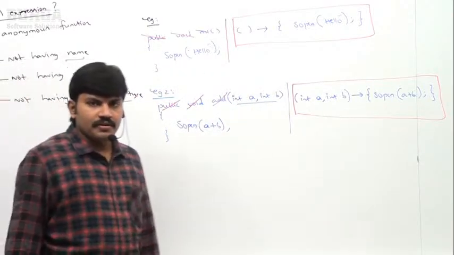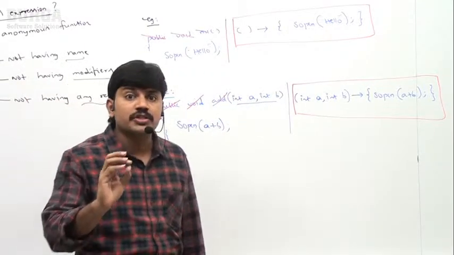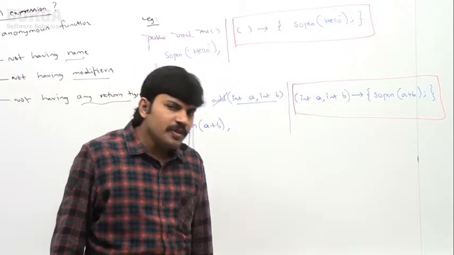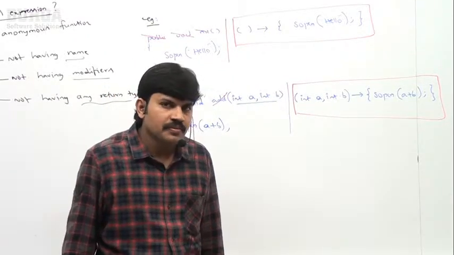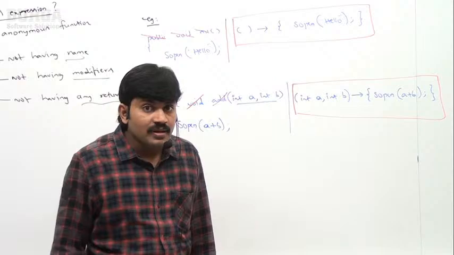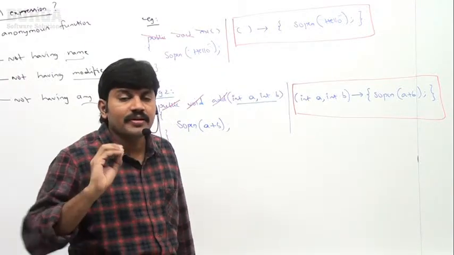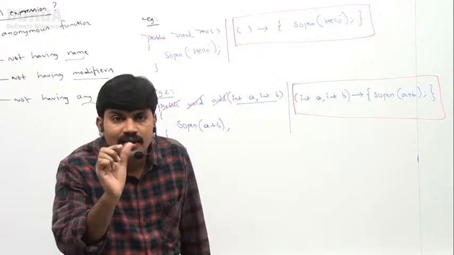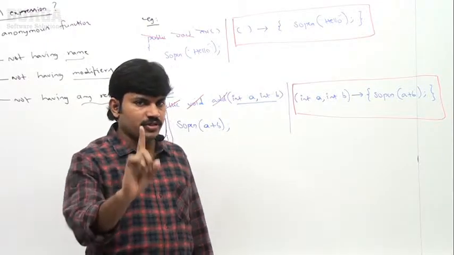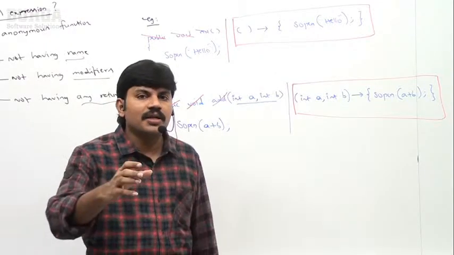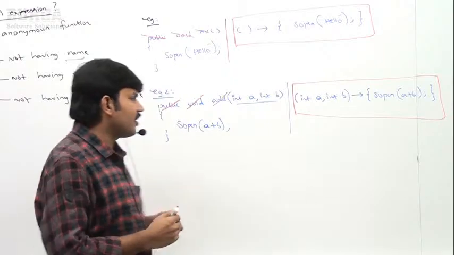Sir, one more example I want to talk about. I will provide one string value. Can you please write a lambda expression that returns the length of that string? I will provide one string, and it should return the length of that string. First, how can I write a method?